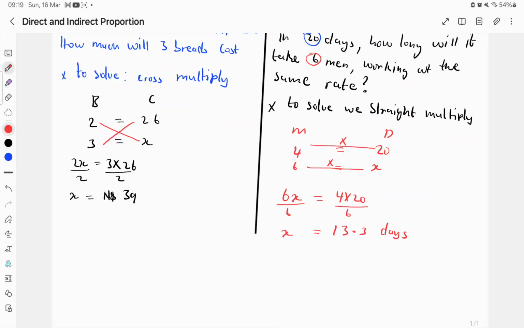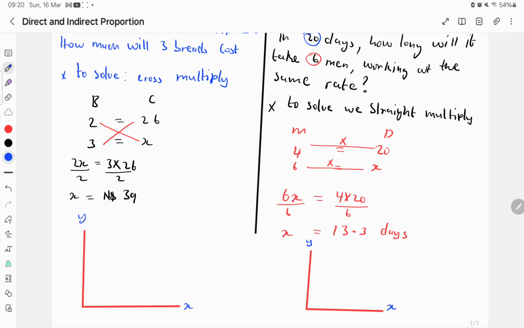But it's also important for you to understand how their graph looks. So there's a graph for direct proportional. A graph is normally like this, remember? This one is our y axis, this one is our x axis, this one is also y axis, this one is also x axis.